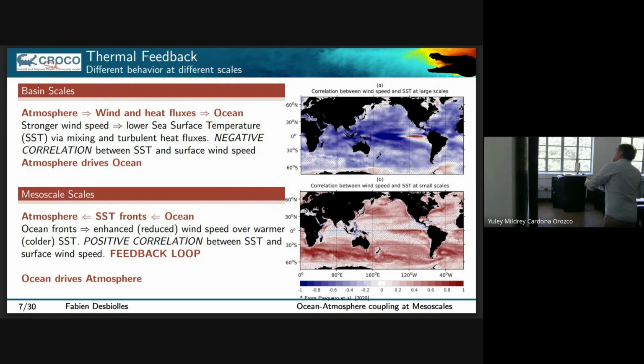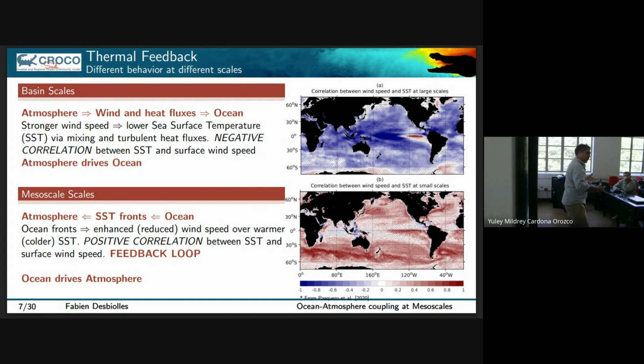We know that when wind is blowing over the sea, okay, that creates a motion in the ocean, which generates mixing, right? So on a large scale, if we think about wind and the response of SST, the more powerful the wind, the colder the SST, right?